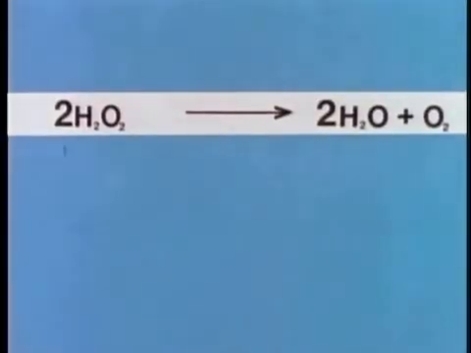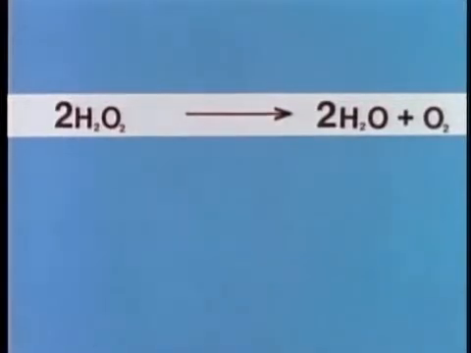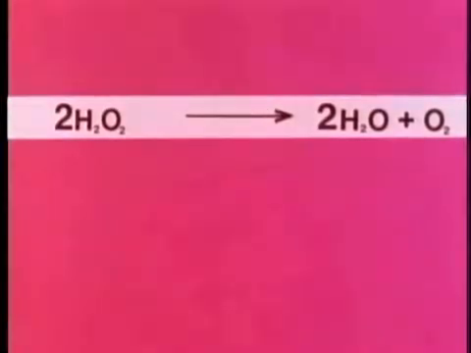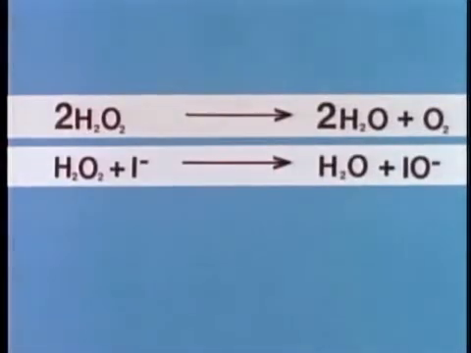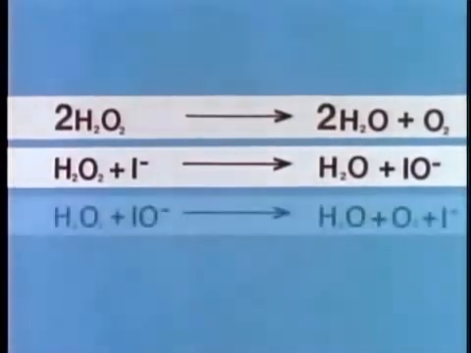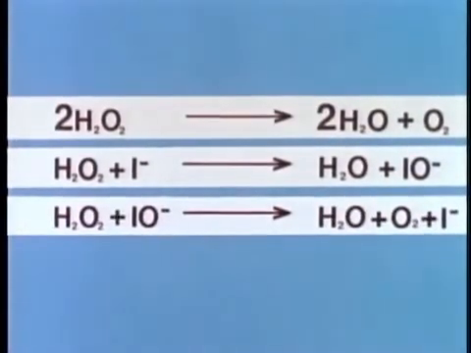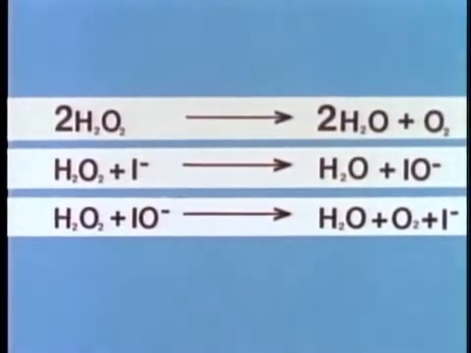Instead of the slow steps by which hydrogen peroxide, H2O2, normally breaks down into water and oxygen gas, the catalyst triggers a new set of steps, which happen to go very quickly, one after the other. The products of these reactions are water, oxygen, and exactly the same amount of catalyst as we added at the beginning. The catalyst appears unchanged, but it's made the reaction's product form at a faster rate.